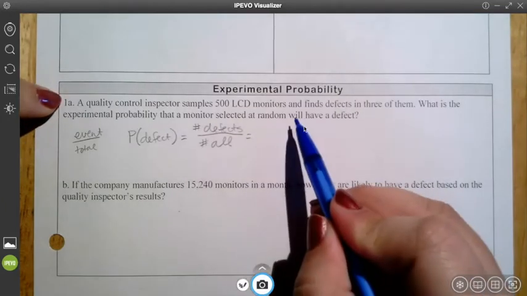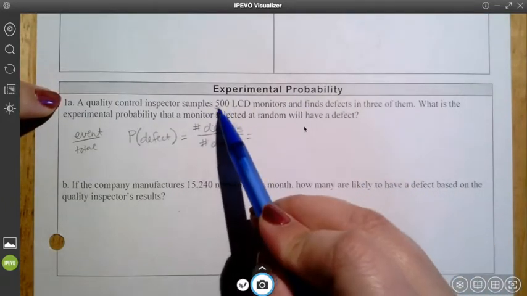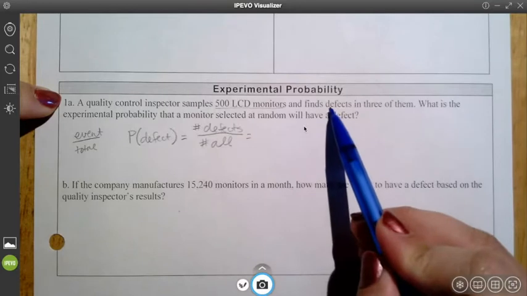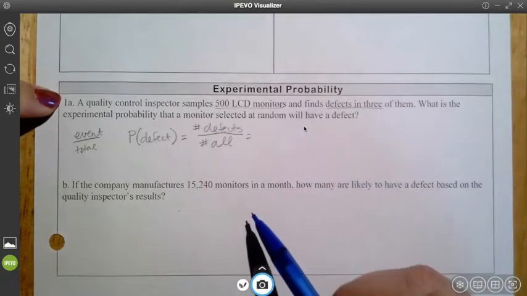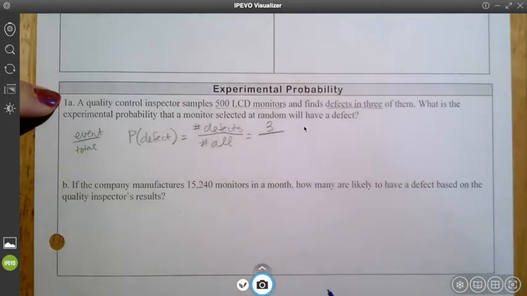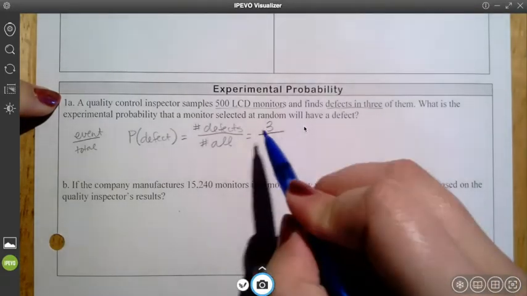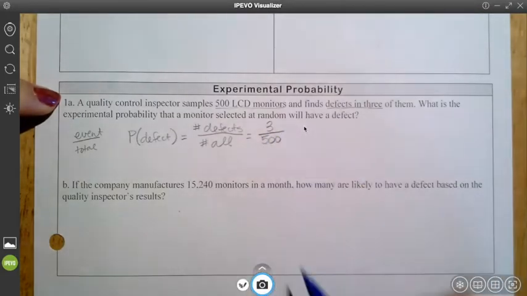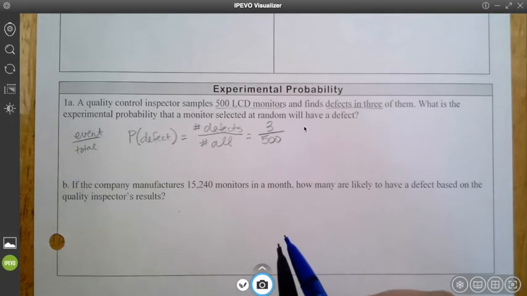So if we look back up at the problem, there are 500 monitors and there are defects in 3 of them. So how many have defects? 3. How many monitors are there altogether? 500. And so our experimental probability is 3 over 500. We should ask ourselves, can it be simplified?